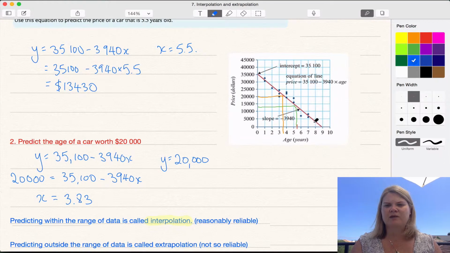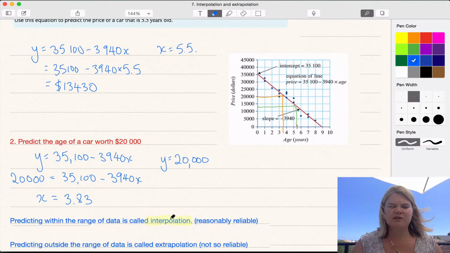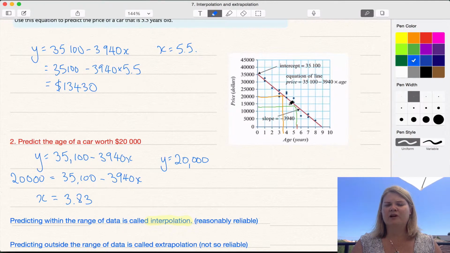So anywhere in between 1 and 8 years is called interpolation, and it's reasonably reliable to use the regression equation and the regression line because it's inside the data set.